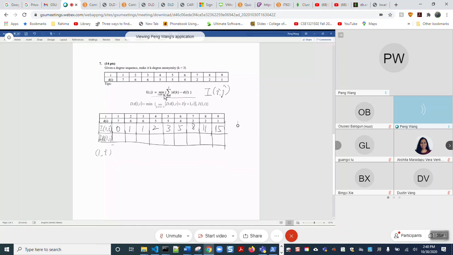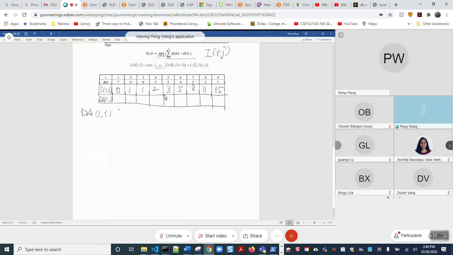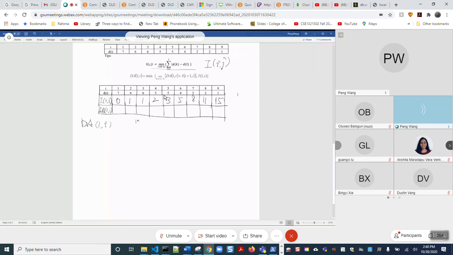And when calculating this dA, we can also find how to modify this degree. So now let's start calculating it. At first, for this dA, when i is less than 2k, then dA1i equals I1i.